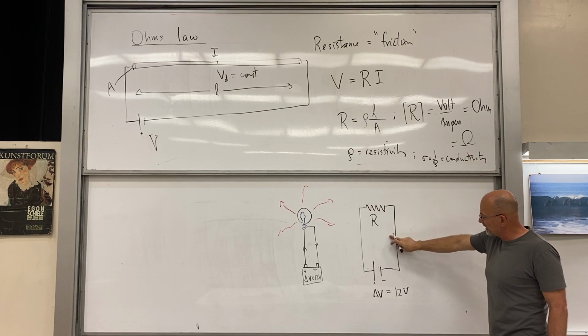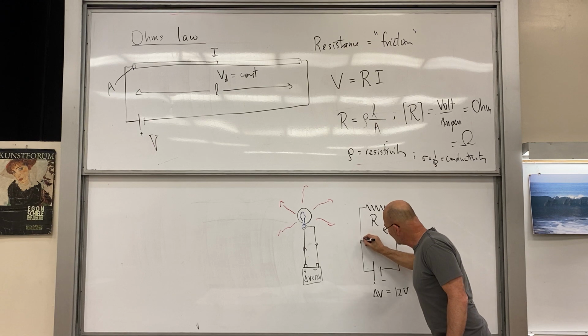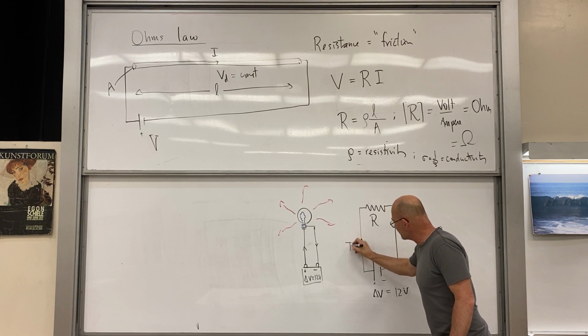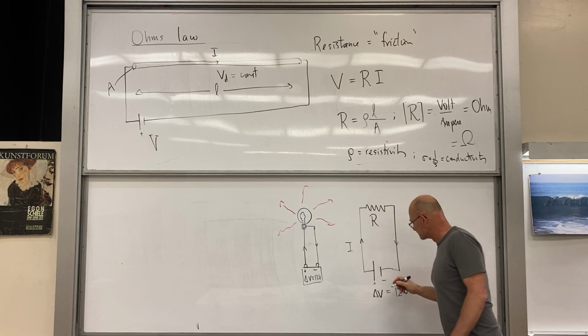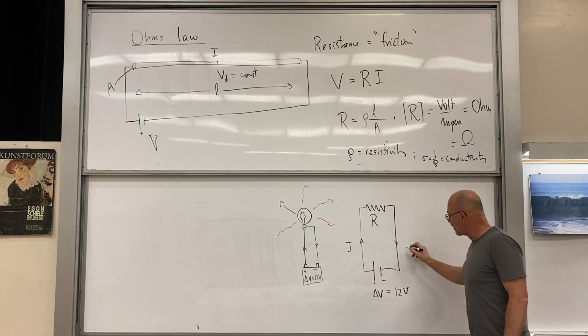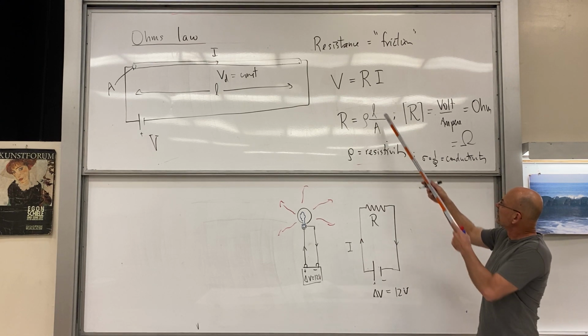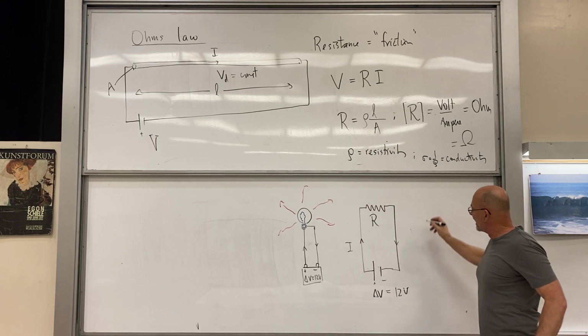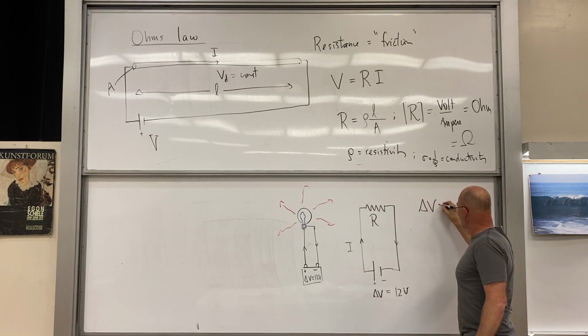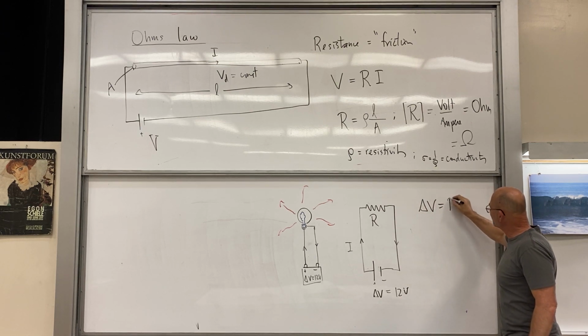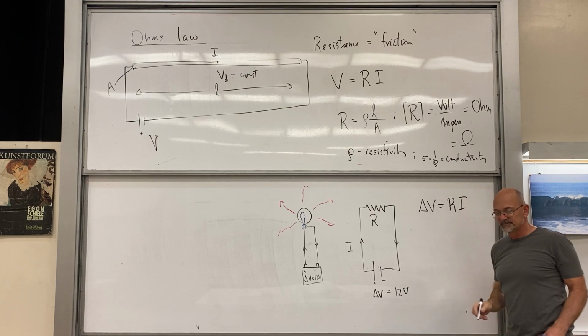Okay, so that's our circuit element. There's our circuit, there's the direction of the current. And so far, we just know that we've got this delta V is R times I. Like I said, I can use these V's and delta V's pretty much interchangeably.